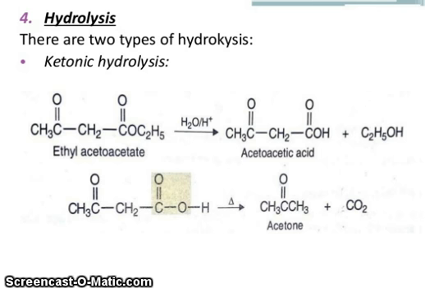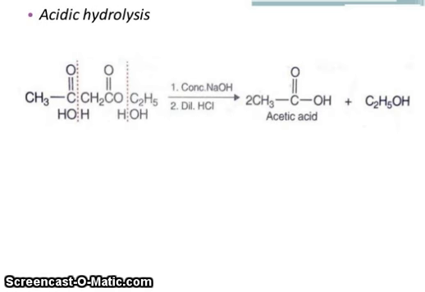Now hydrolysis. There are two types of hydrolysis: ketonic hydrolysis, where ethyl acetoacetate with water and H plus gives acetoacetic acid, and you can see acetone after heating. Acidic hydrolysis, you can see the formation of two molecules of acetic acid and ethanol.